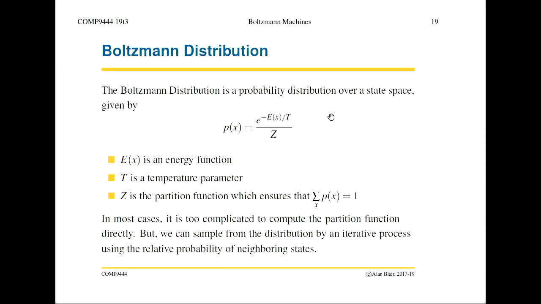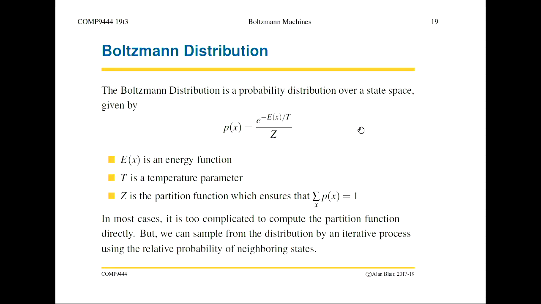The probability of being in that state is equal to e to the minus the energy of x divided by temperature, which is proportional to this, and then there's some normalizing constant. So z is just the sum over all of these things.